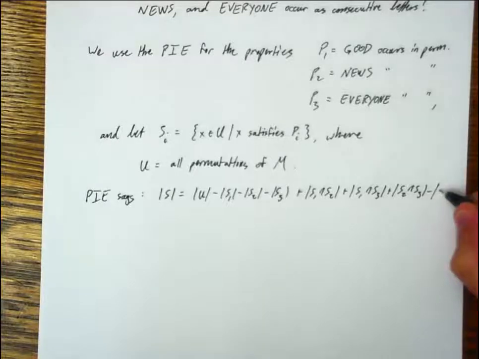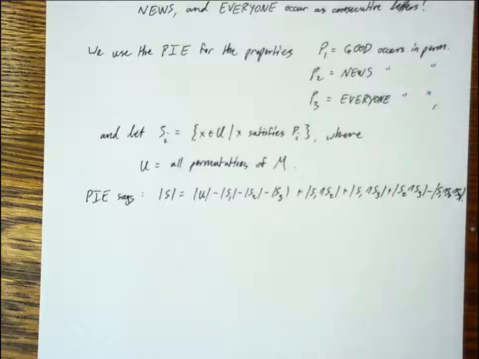And then I'm going to subtract out the ones that share all 3 properties. Okay, I know I got crammed at the end there, but it's on the previous page. If you want to see it, it's 2 pages ago. I think that was almost 10 minutes ago at this point.